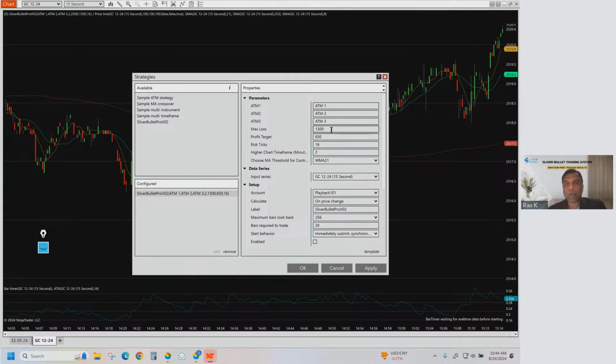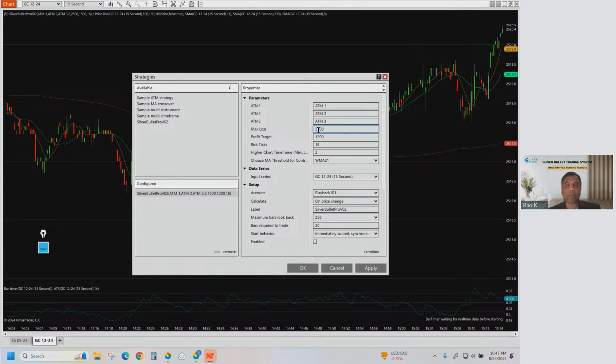So now maximum loss. Let me show greater profit. Try to achieve greater profit. The default is $650. Let me try to say double it to $1,200. Here also, if we want to achieve $1,200, our loss should also be higher. So I'll put $2,500 of max loss and $1,200 of profit.